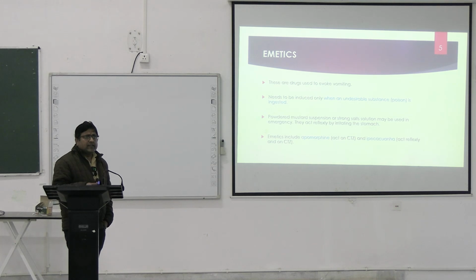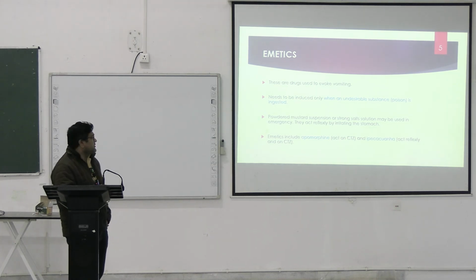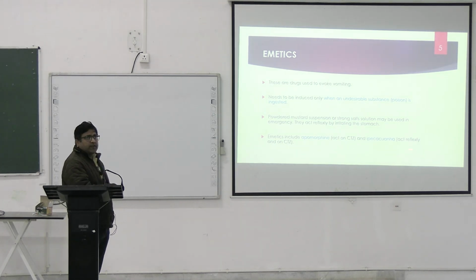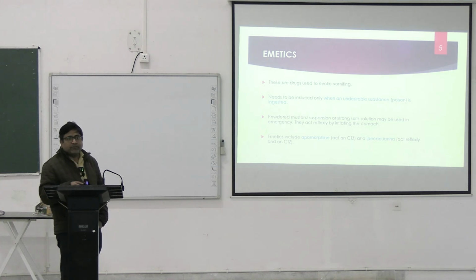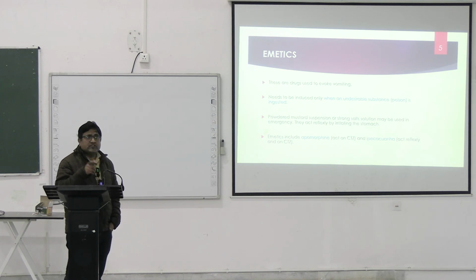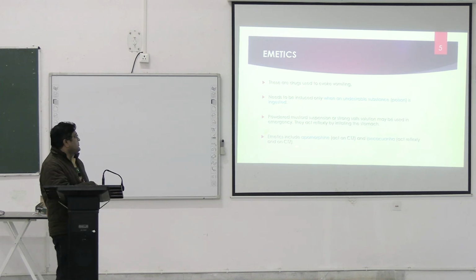How are they acting? They act by reflexly contracting the stomach or irritating the stomach. Now, emetics that were used, not used nowadays, include apomorphine, that is acting on the chemoreceptor trigger zone, and number 2, ipecac, acting reflexly on the stomach and on the chemoreceptor trigger zone.